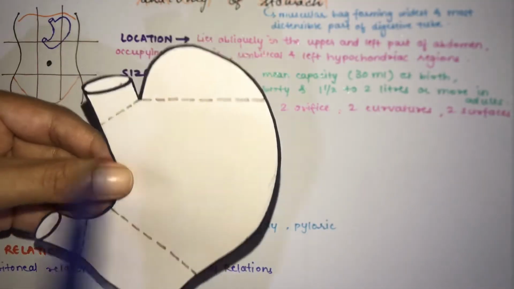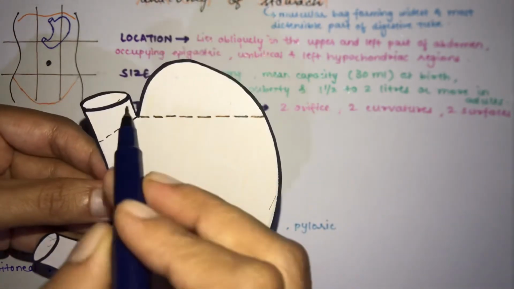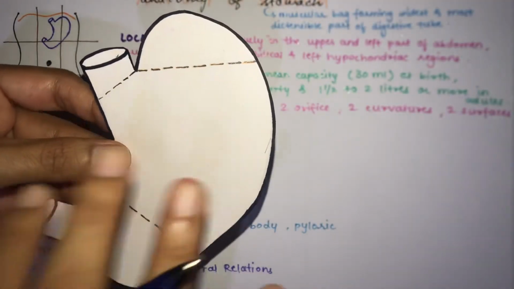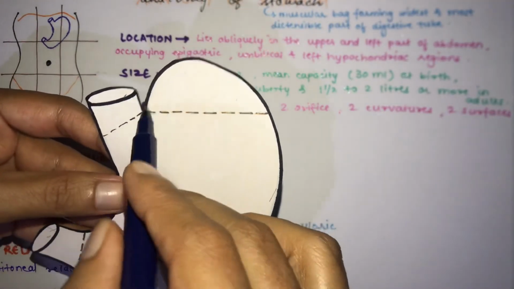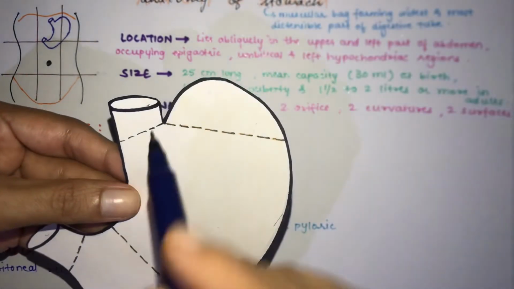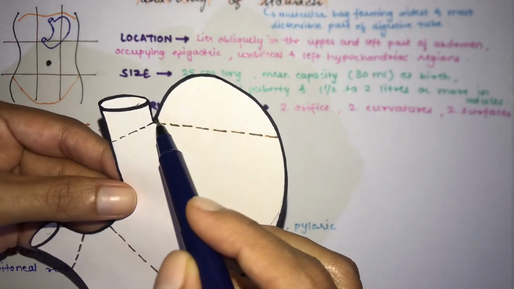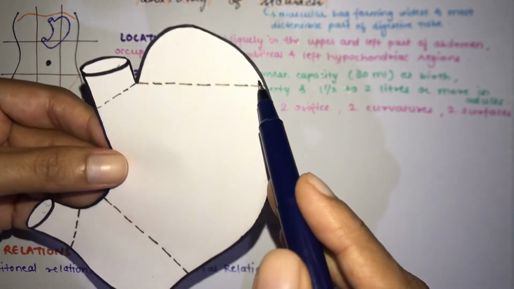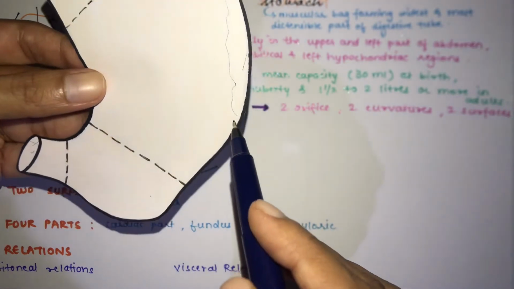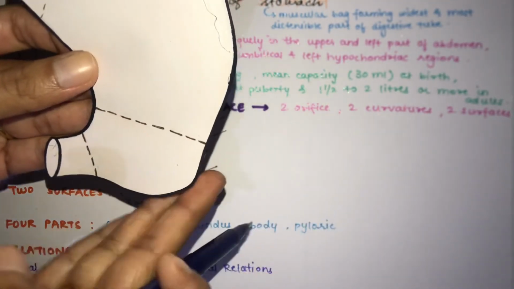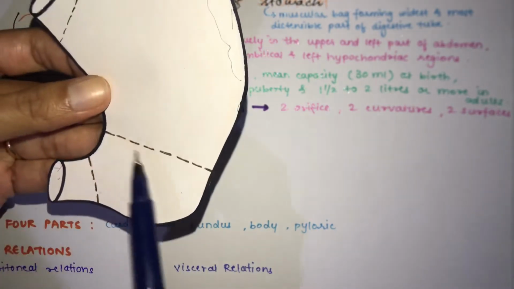Now this greater curvature arises at the cardiac notch. I'm going to explain exactly what this external surface of your stomach is. This depression over here you can see is nothing but the cardiac notch. Your greater curvature starts from this cardiac notch and extends backward, passing inferiorly to the left side, and then it curves to the right side till the pyloric antrum.